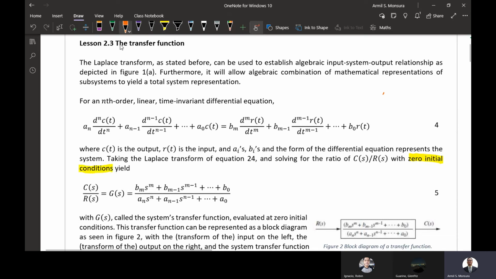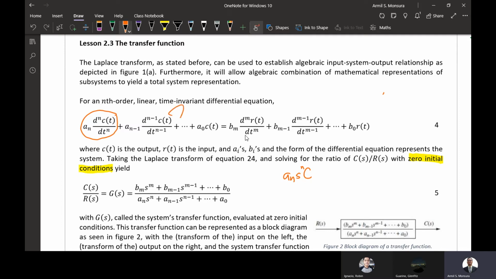So, when we get the Laplace transform of that, ito yung makukuha natin. So, para dito, okay, we will have an times s raised to n, okay, times c. Where c here, uppercase c, is yung Laplace transform nung lowercase c.